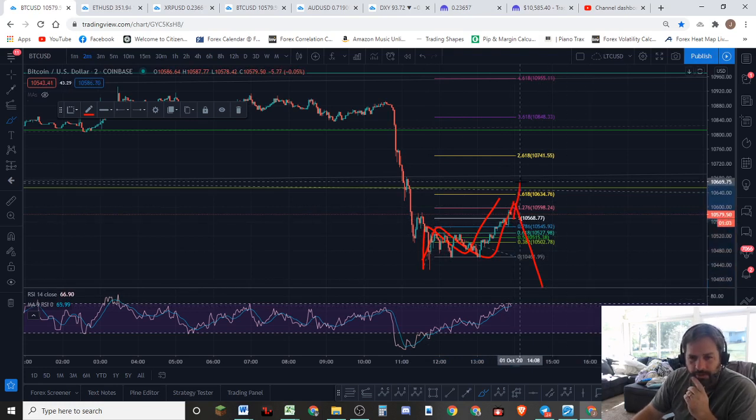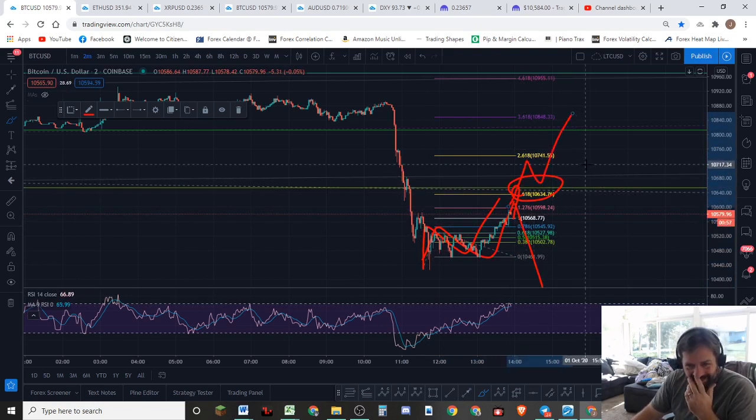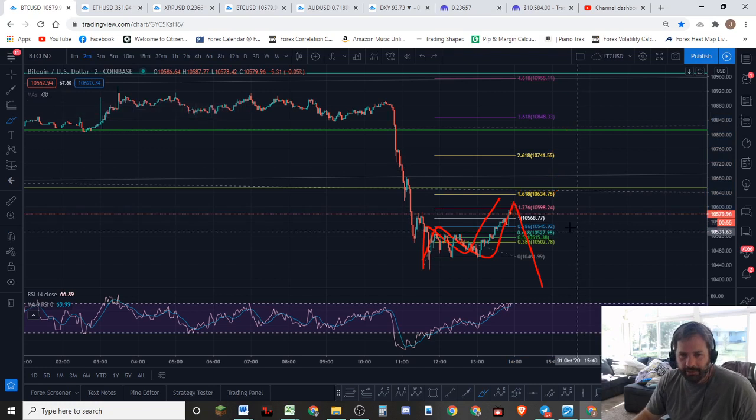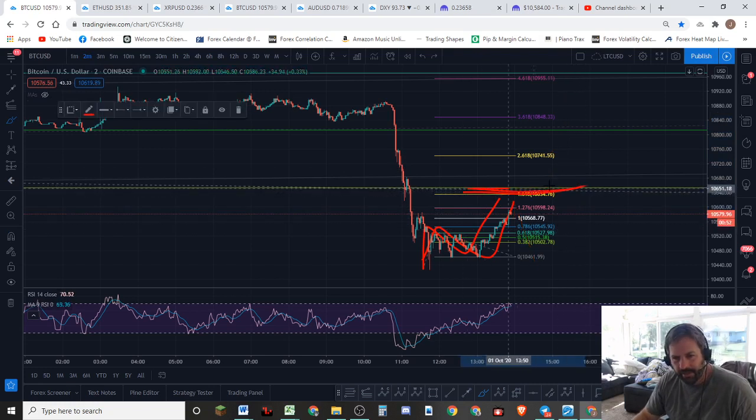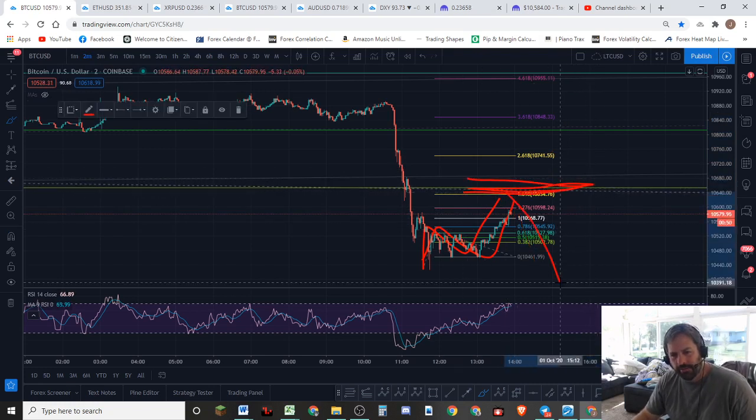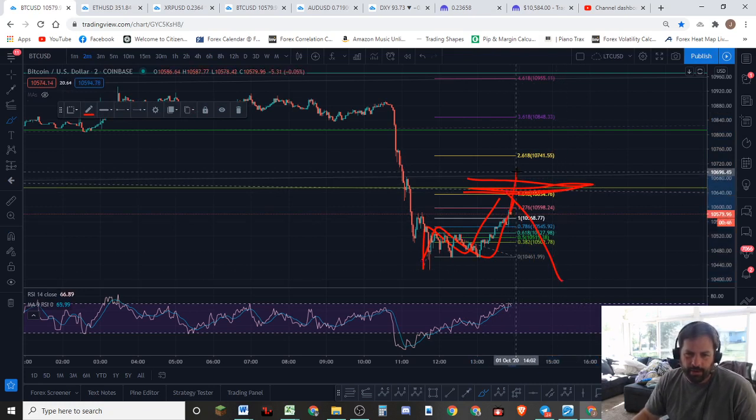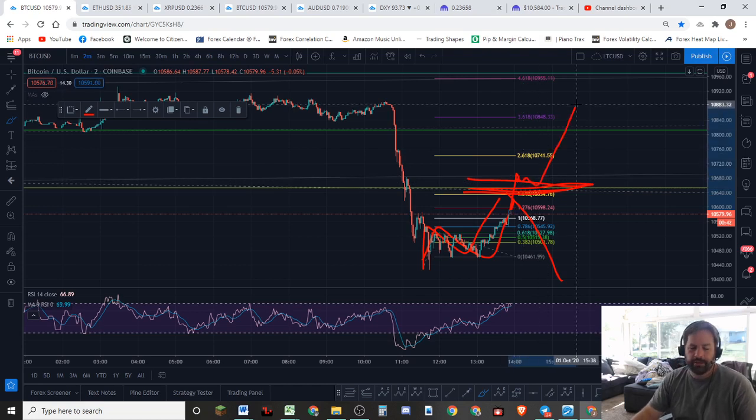If it continues on to the 1618, it's going to get a little more impulsive and it could go up from here like that. So that's the dividing line right there. The 1618 is our dividing line. I'd like to see a bounce before it to the downside for continuation, or a break through it for a chance for continuation to the upside. So that's the way we think about the market, guys.